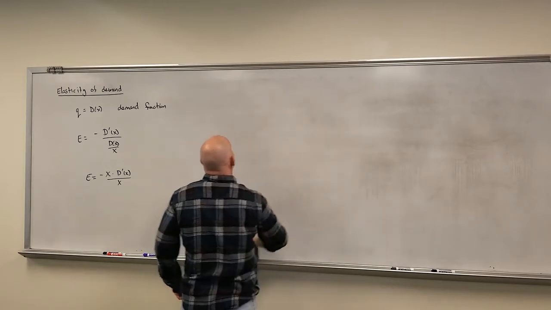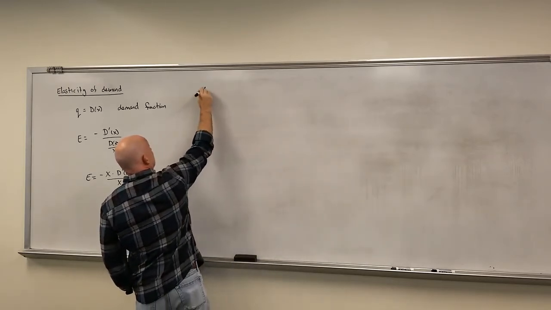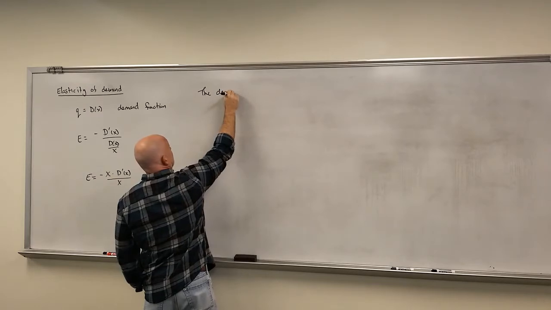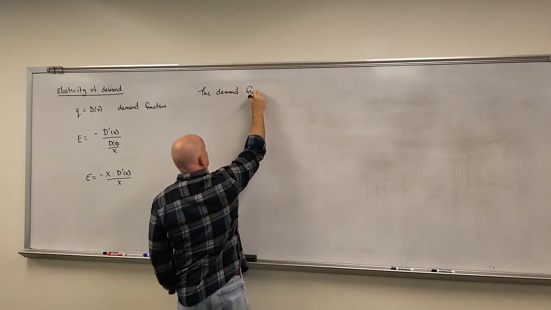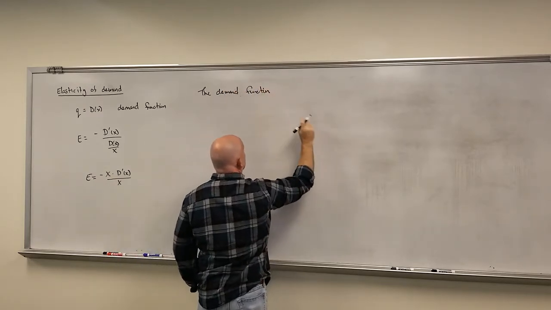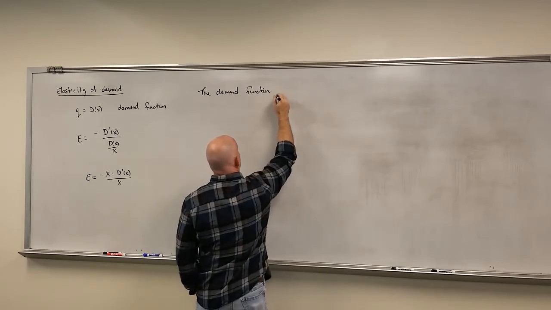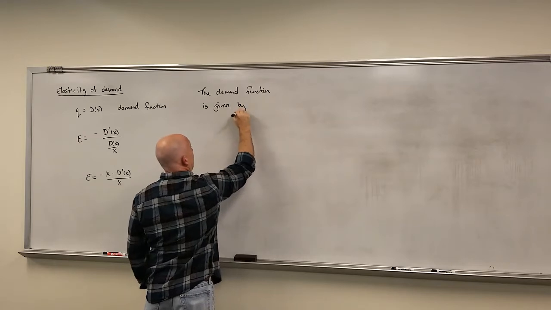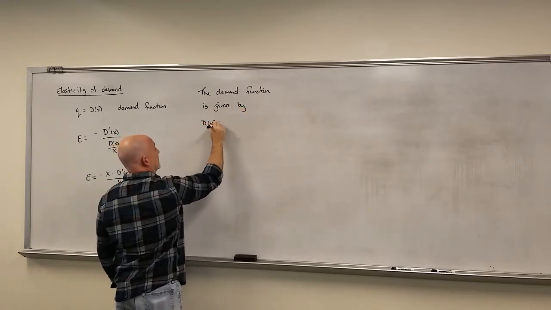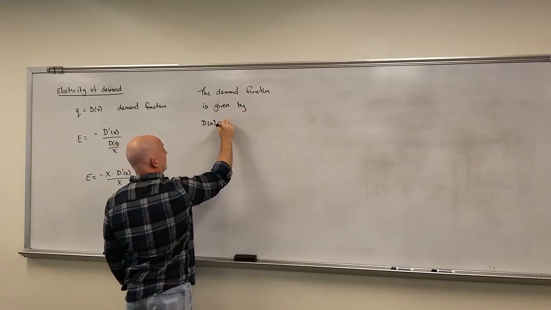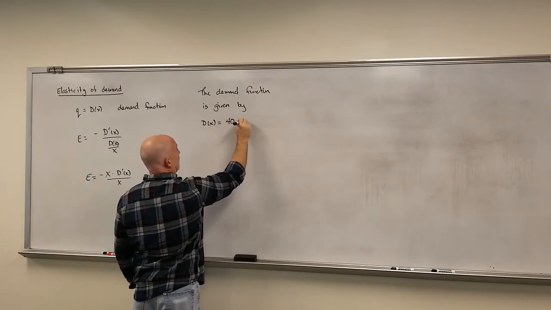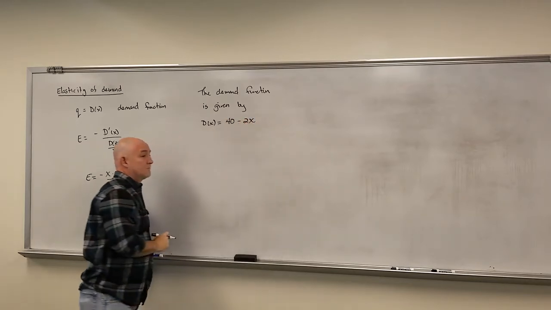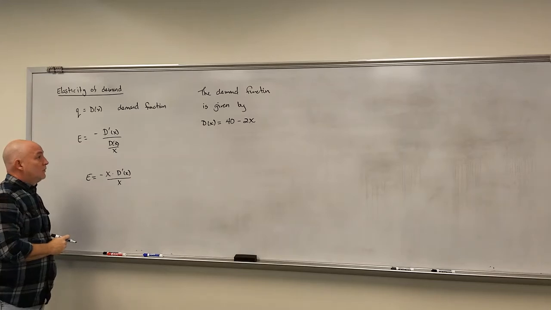So let's say the demand function is given by D of x equals 40 minus 2x. Okay, so let's do this.